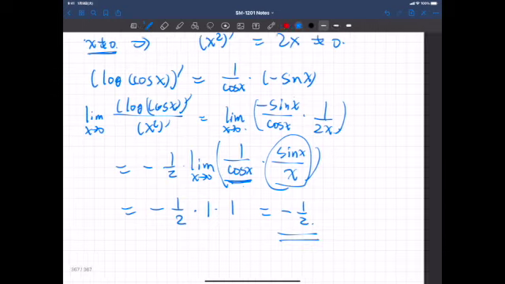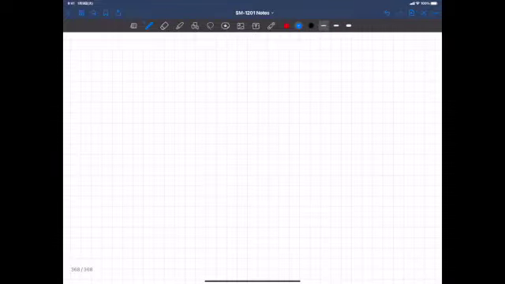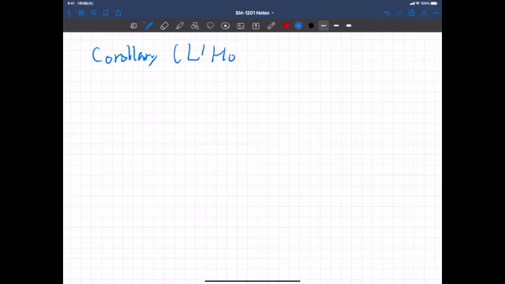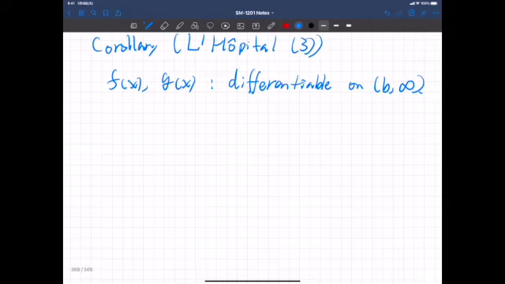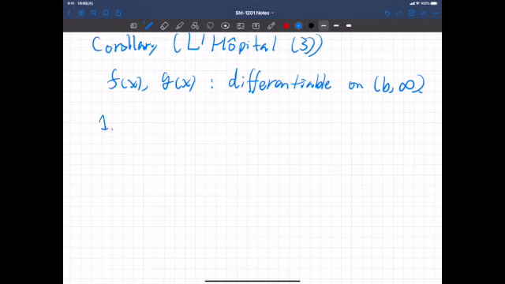The next corollary is yet another version of L'Hopital's rule. L'Hopital version 3. So again, we have f of x and g of x as differentiable functions on this interval, b to infinity. And we have the following conditions.